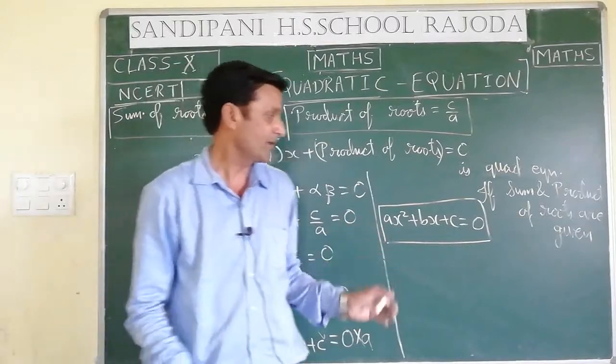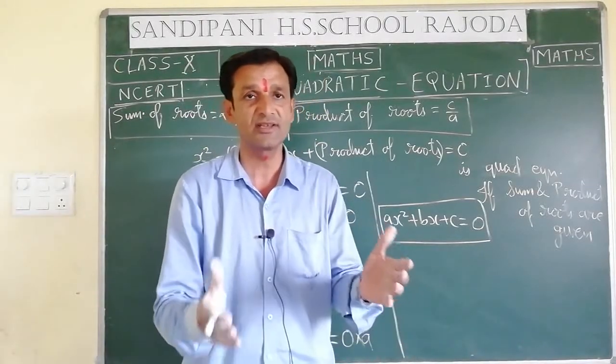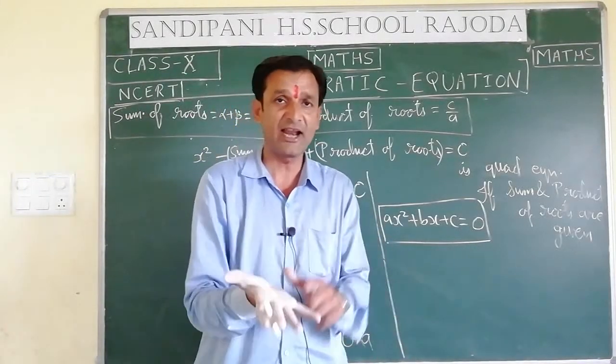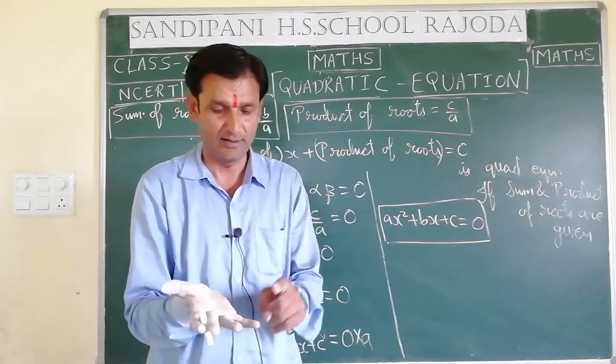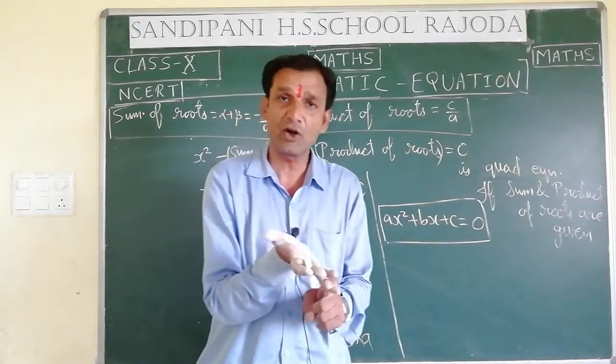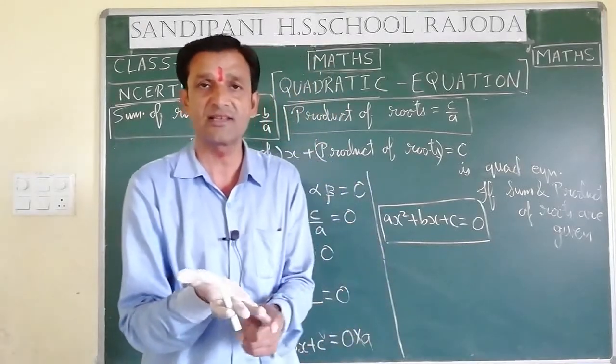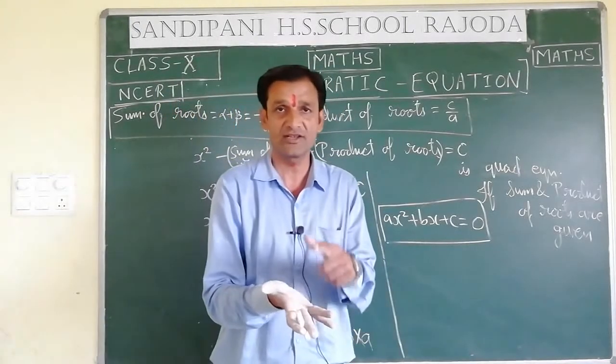So ax square plus bx plus c is equal to 0 is the standard form. I have told you why it is quadratic, what are roots, what is the sum of roots, and what is the product of roots.